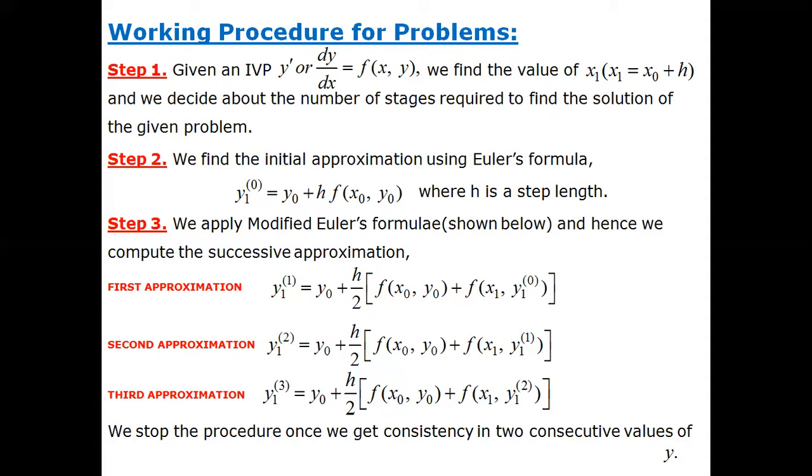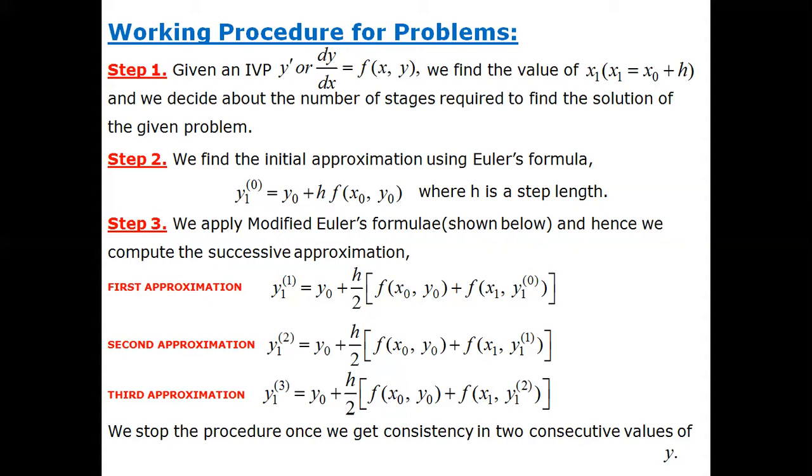Multiple stages means, as per our VTU syllabus, the maximum stages we can ask is only 2. So, depending on x1, we can take a decision whether the problem can be done in one stage or two stages. So, how to decide about this? Once you calculate x1, let us compare this x1 with the given value of x.